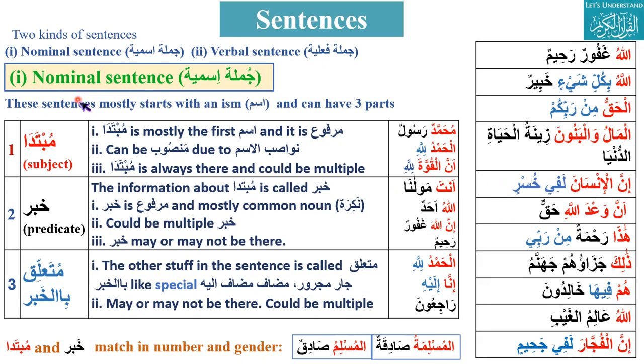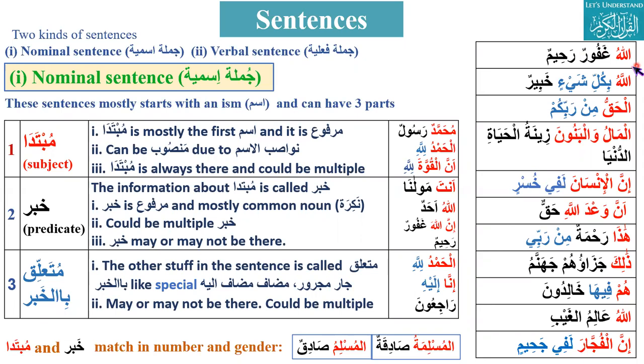Can you name them? Mubtada, khabar, and muta'alliq bil khabar. Which is the important part which will always be there? Mubtada. Mubtada is always there.